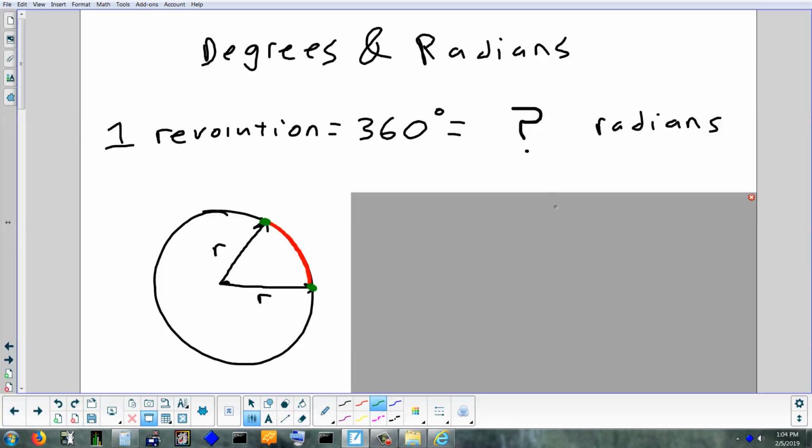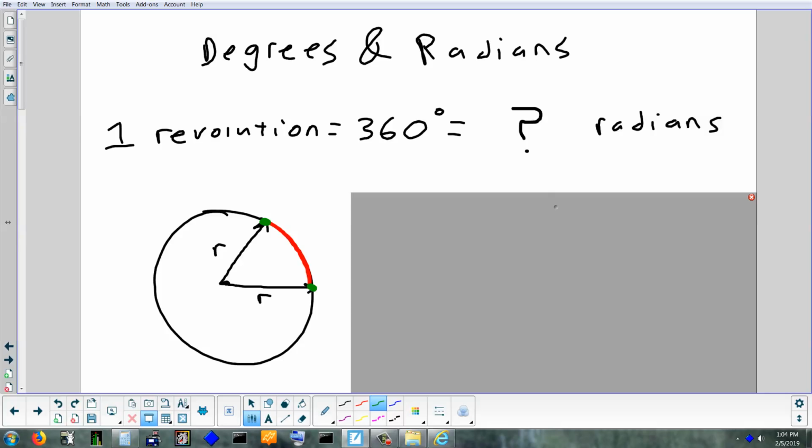Between those two green dots, I've traced part of the circumference, and that's called an arc. That arc in red is the part of the circumference that is intersected by the angle, because the two rays of the angle hit the circumference there. Questions on that picture?